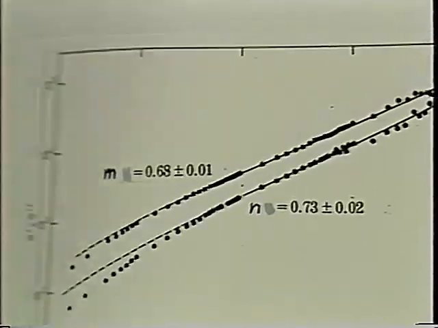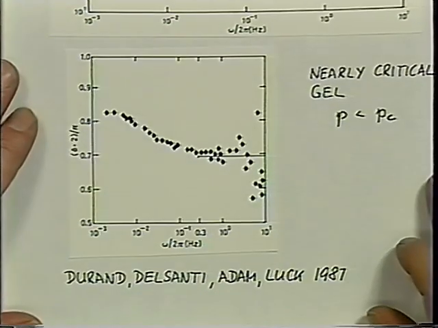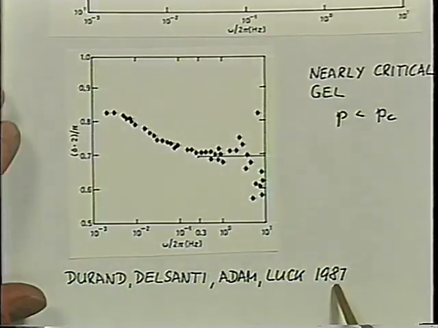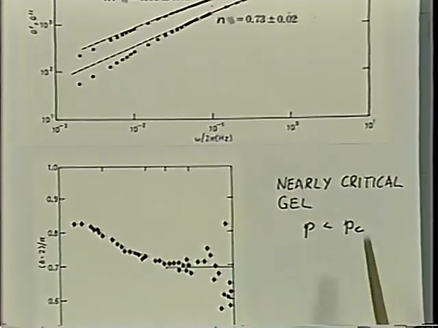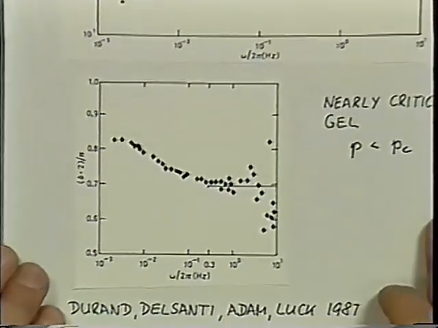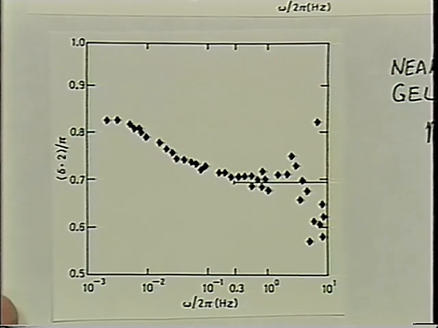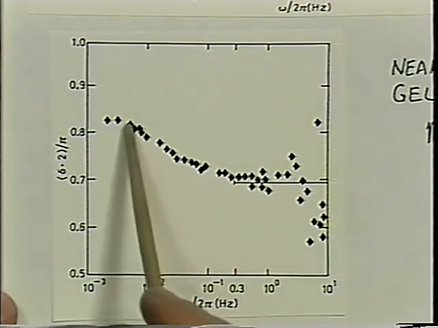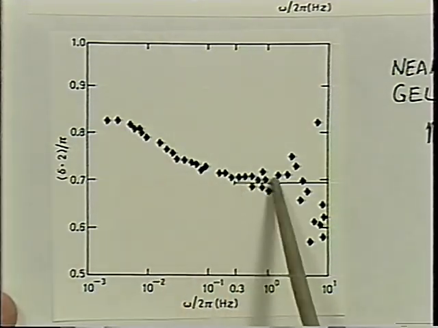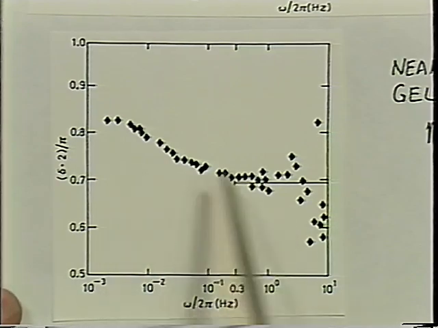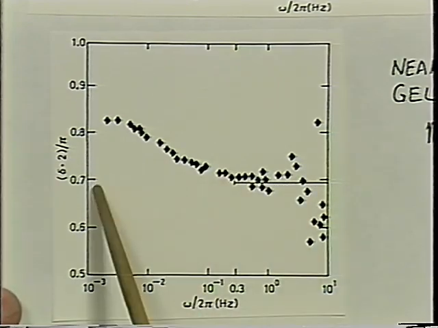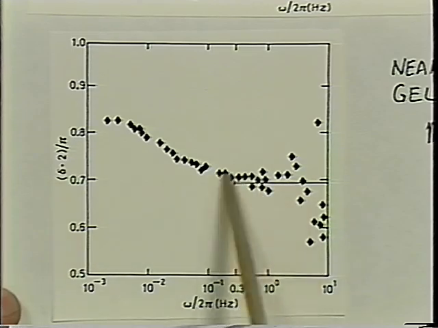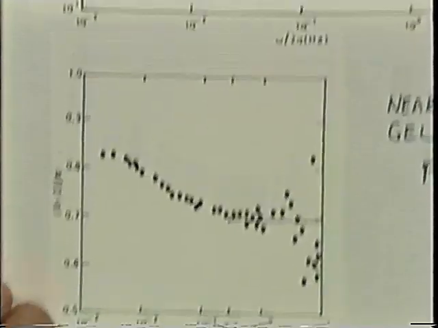And there's one more example I want to show you. In the literature, there was also polyurethane mentioned. This is a publication by Durand, De Santi, Adam, and Luck in '87. They have a nearly critical gel. Here, see, they're plotting tan delta near the gel point, and you can see it's turning up here. They don't have flat tan delta, so it's near the gel point. But the value here, they're plotting actually delta itself, is close to 0.7, the same value we are getting.